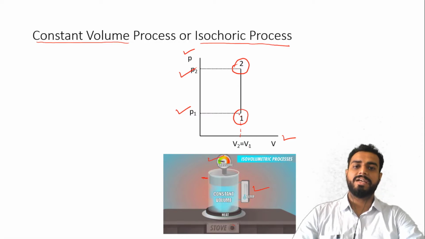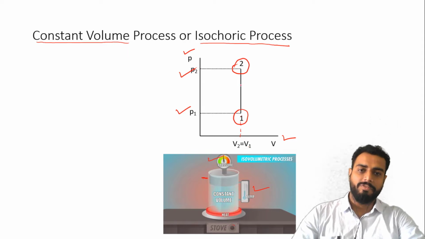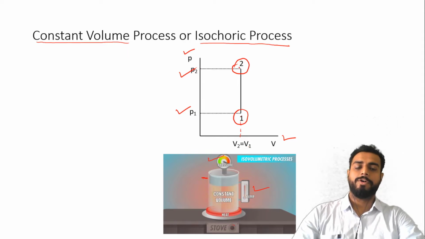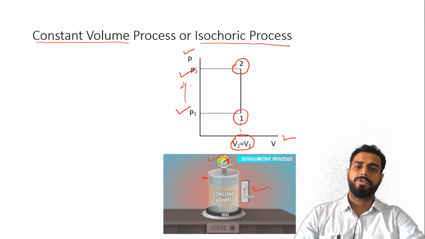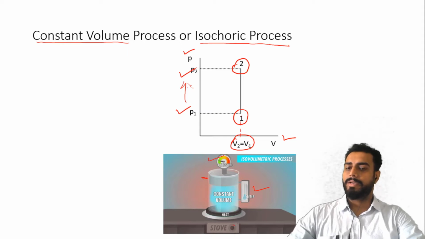So that is why the line joining 1 to 2 will be a straight vertical line. For 1 and 2, the value of volume on the x-axis will remain the same. But for 1 and 2, the value of pressure on the y-axis will change and it will increase. You can appreciate that, right? I hope you are clear up to this point.